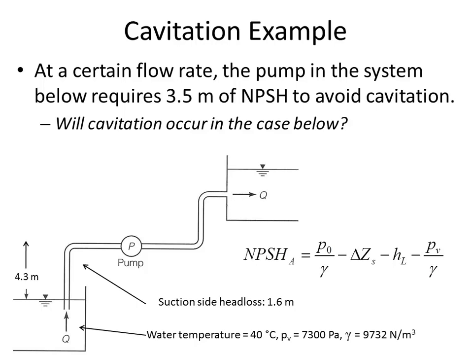A small diameter and a high velocity go hand in hand. And so more typically, they'll have a large diameter pipe going into the suction side of the pump. Large diameter reduces the velocity. And you want to make the length of the pipe as short as possible and relatively smooth as well.